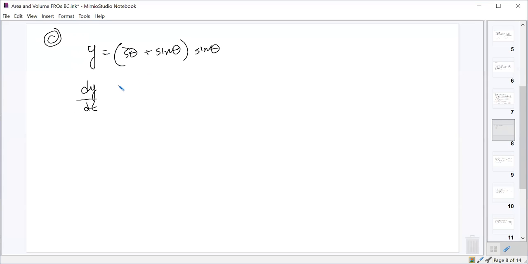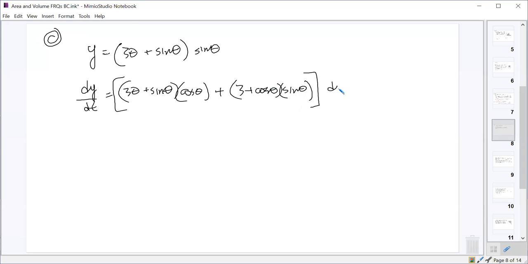So that ought to be 3 theta plus sine theta times cosine theta plus 3 plus cosine theta times sine theta. That's dy d theta times d theta dt, which I believe is what they gave us.